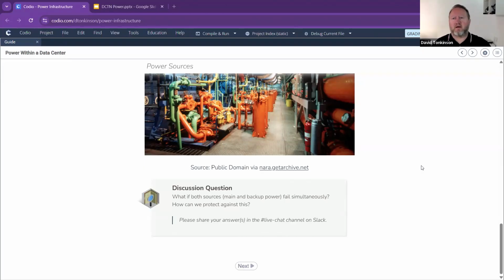Who's done anything with Azure or AWS? Azure and AWS deal with this in a really attractive way, in that they have regions and zones.